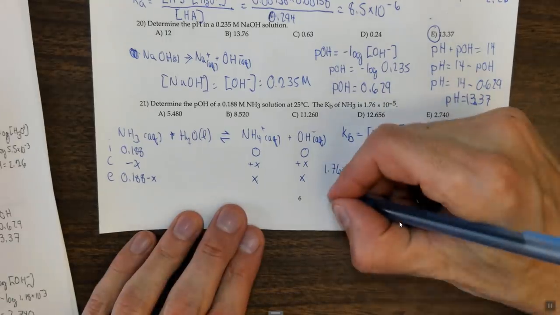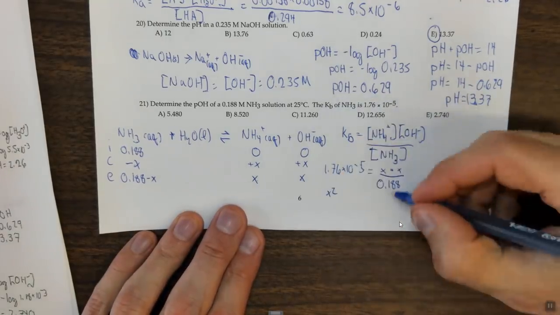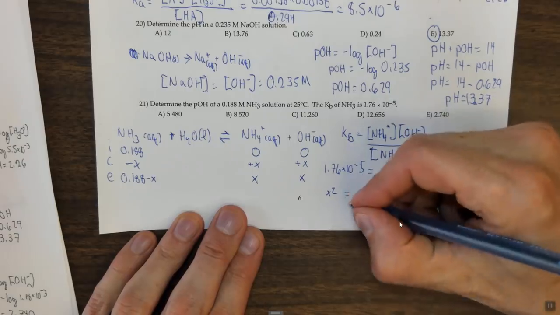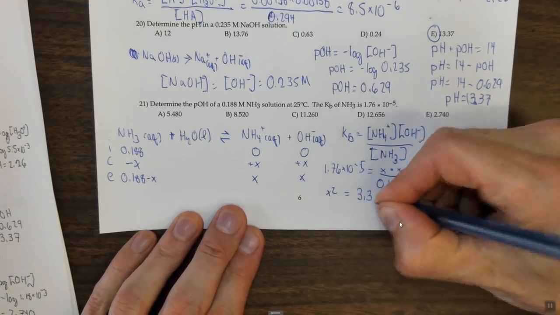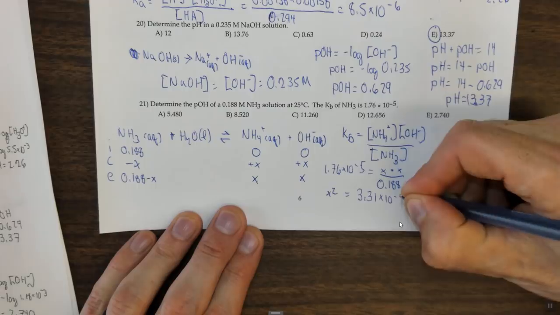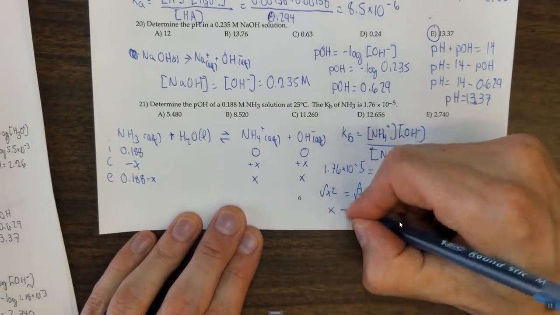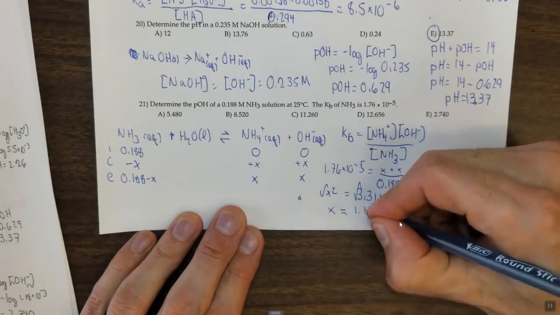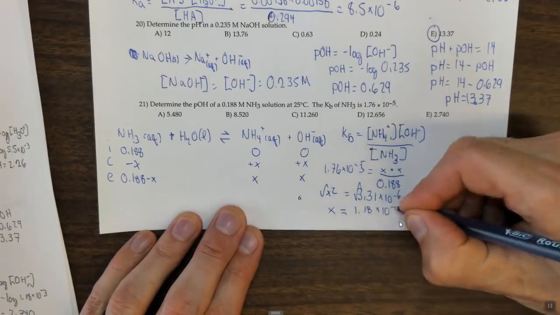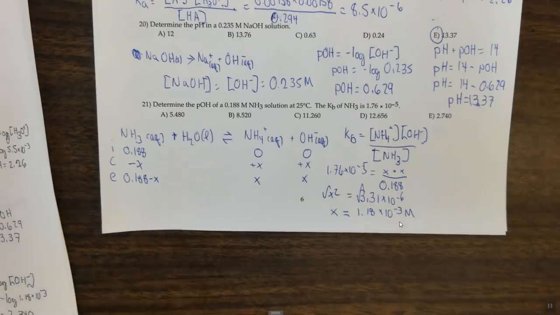What we end up with is X squared, X times X, equals 0.188 times this, which comes out to be 3.31 times 10 to the minus 6. Take the square root, take the positive answer. X equals 1.18 times 10 to the minus 3 molar.